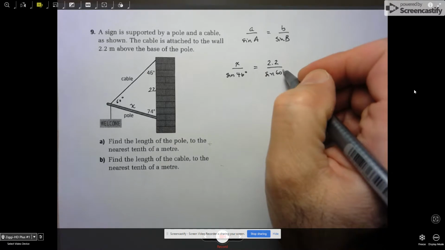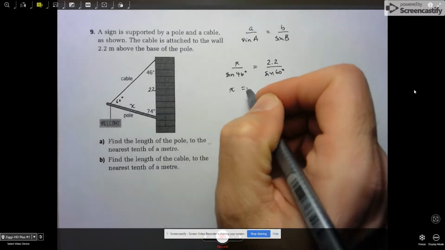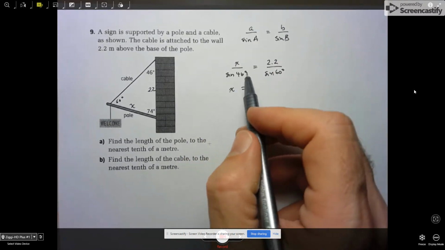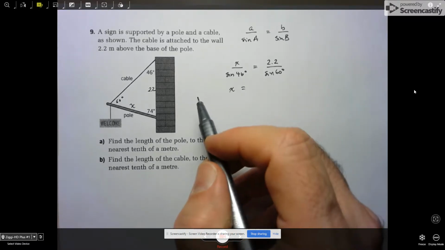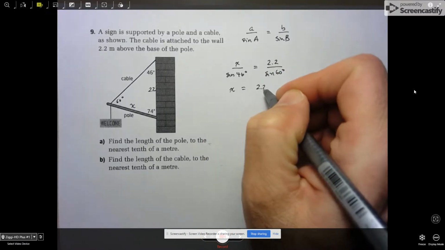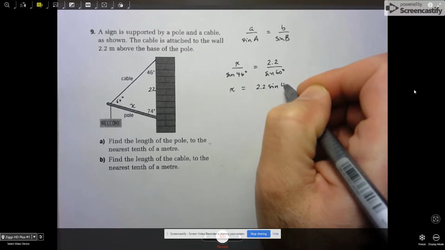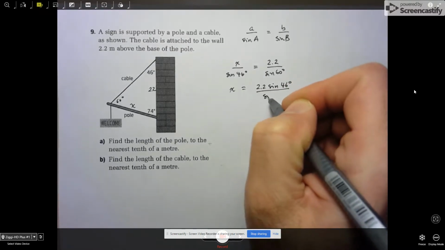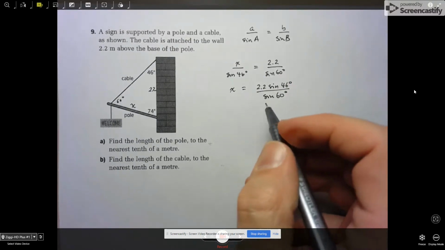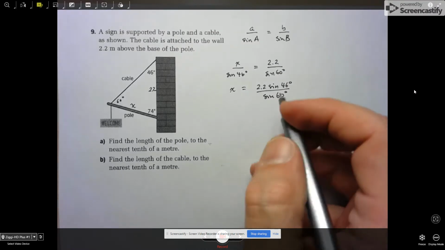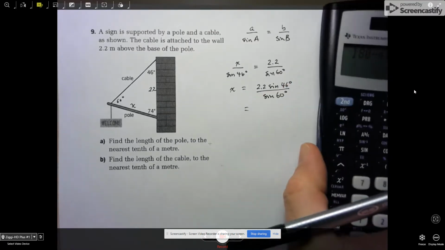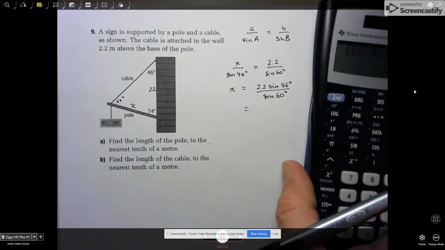And now I've got a nice, easy equation to solve because I just have to multiply both sides by sine 46 in order to isolate x. So what we have here is 2.2 times sine 46 over sine 60. And notice how I try to wait till the very end to find my approximation. So now we can find what x is, to the nearest tenth of a meter.